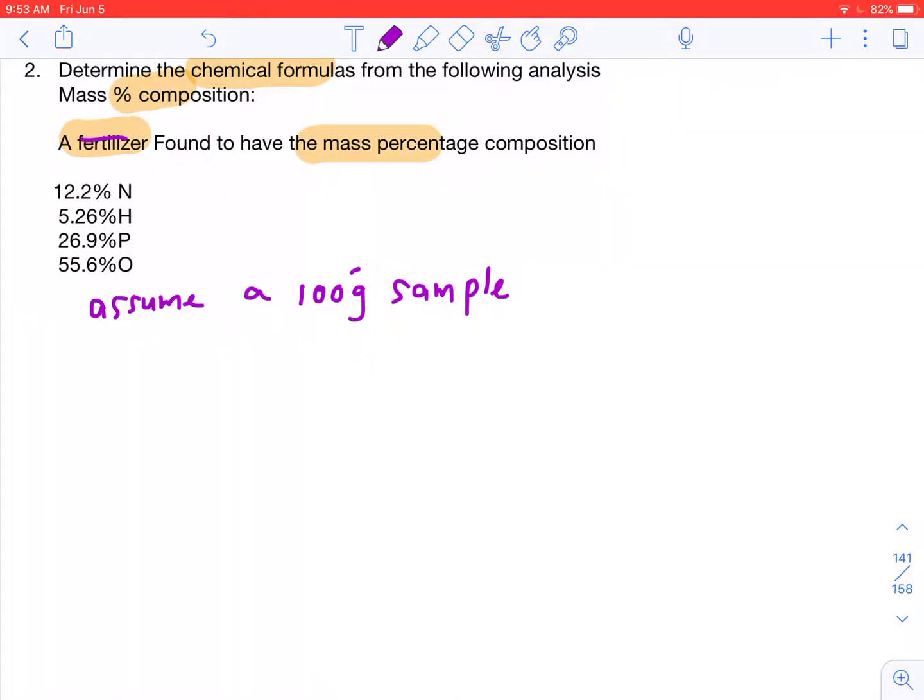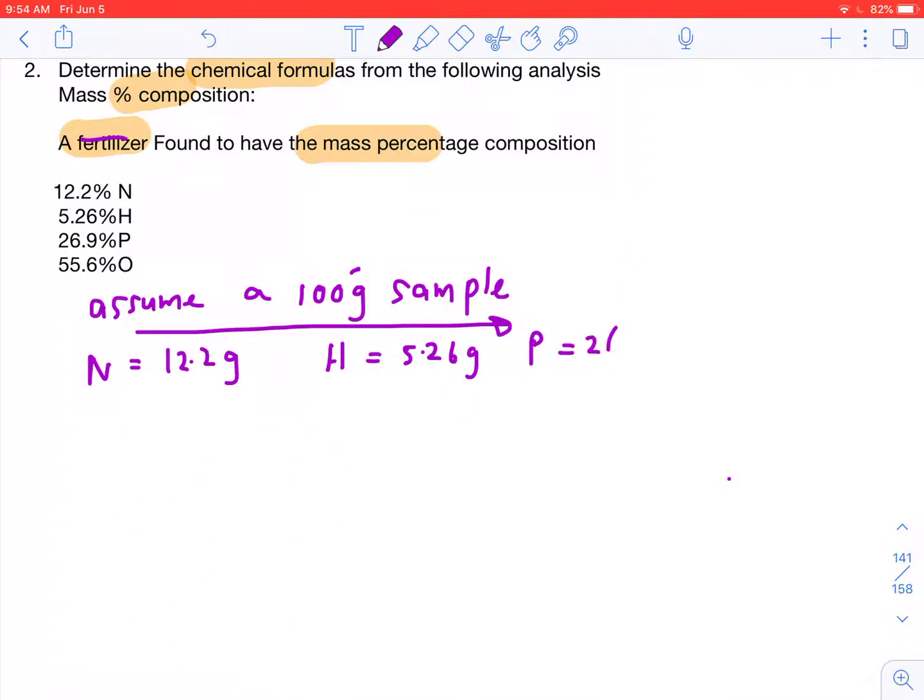Okay, if we assume a 100-gram sample, that means N is equal to 12.2 grams, hydrogen is equal to 5.26 grams, phosphorus is equal to 26.9 grams, and oxygen is equal to 55.6 grams.